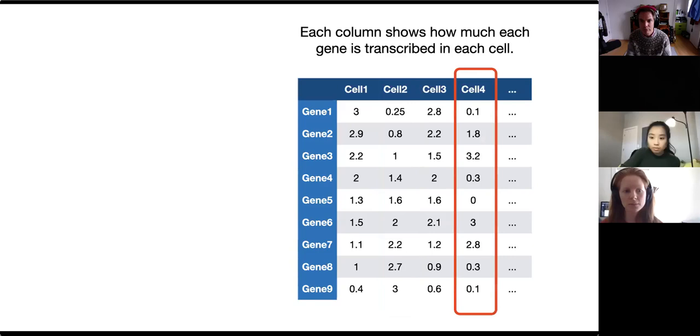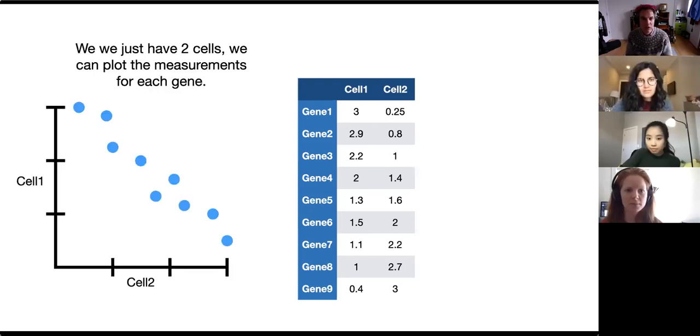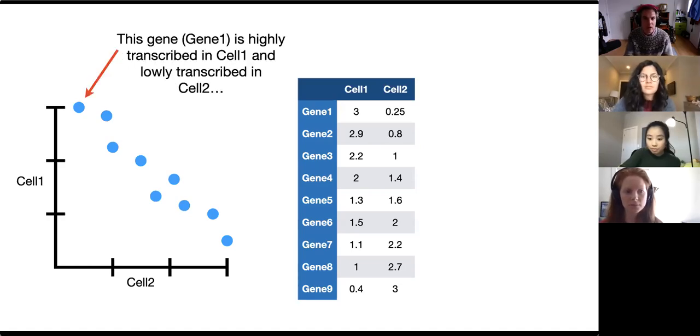Now, let's imagine, just for now, there are only 2 cells. When we just have 2 cells, we can plot the measurements for each gene. This gene, gene 1, is highly transcribed in cell 1 and lowly transcribed in cell 2.